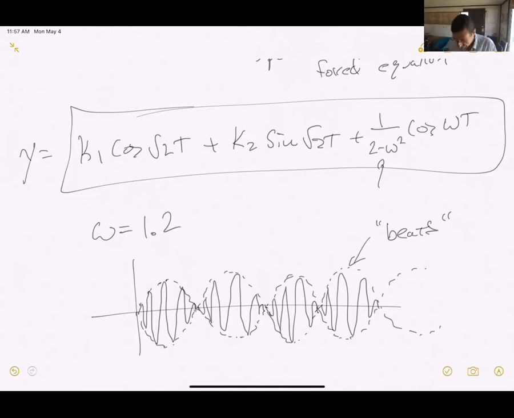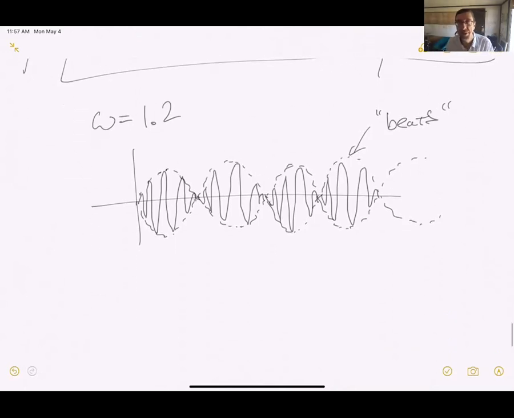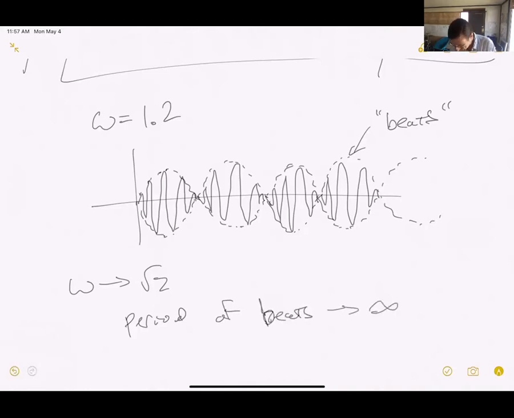Now, one thing that's really crucial to understand is what happens as omega approaches square root of 2. What you see is that the period of the beats goes to infinity, and the amplitude goes to infinity.